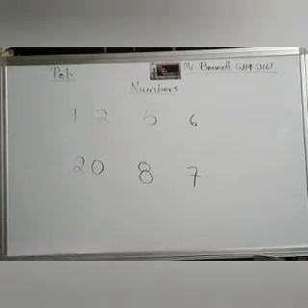Can a number be a composite number and an odd number at the same time? Write it in the comment section, alright? Can a composite number be an odd number?